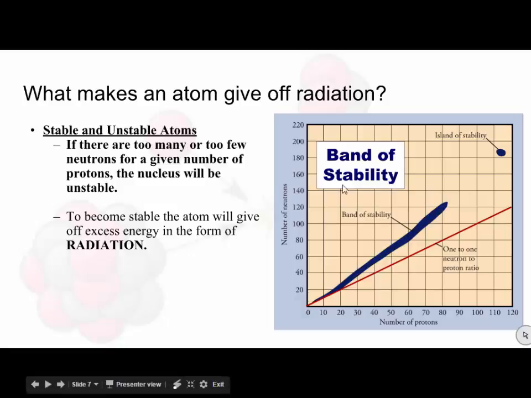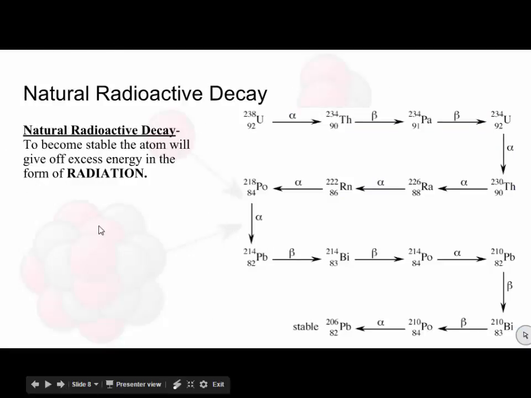But if it falls anywhere else on this graph, minus the island of stability up here as well, the atom would be unstable, so it would be radioactive. It all has to do with how many protons to neutrons we have in the nucleus. If we have an unstable combination, an atom is going to go through radioactive decay.